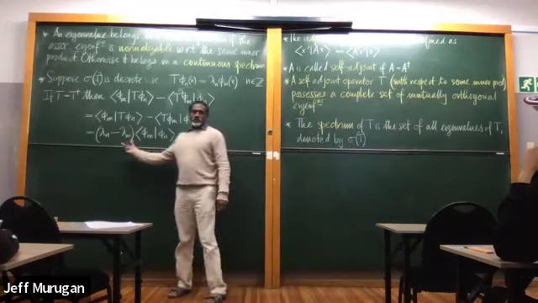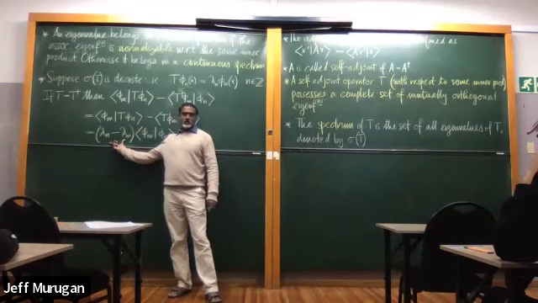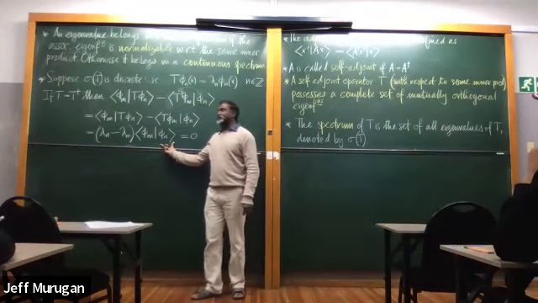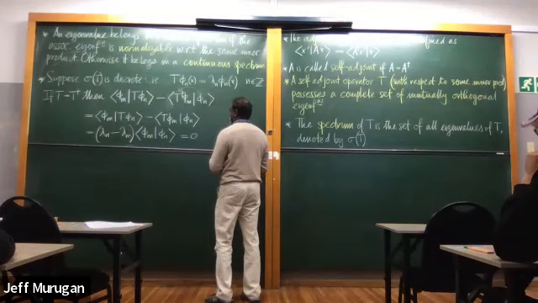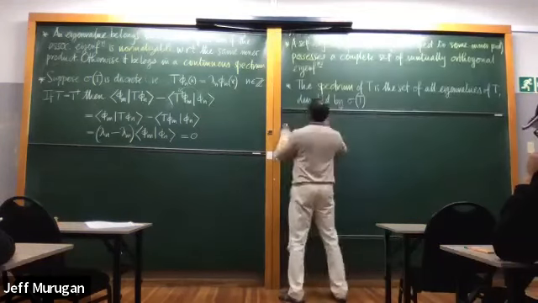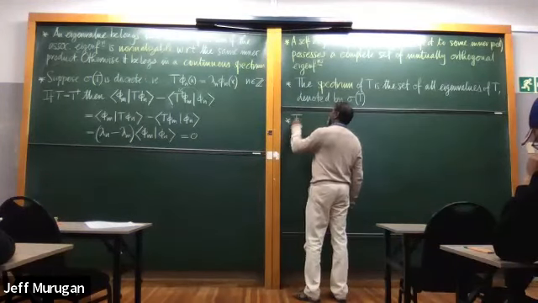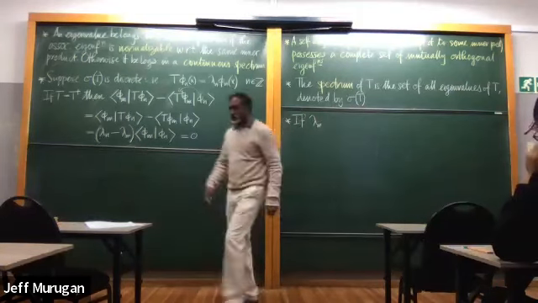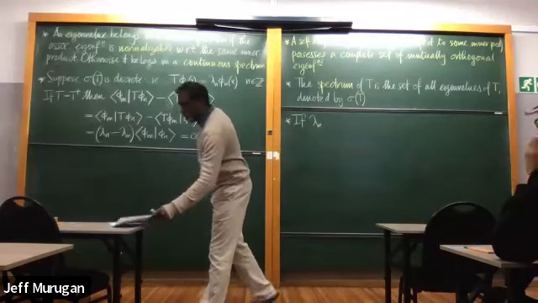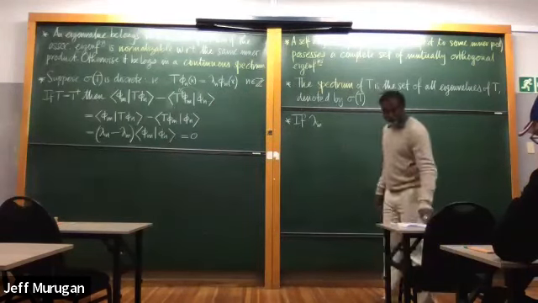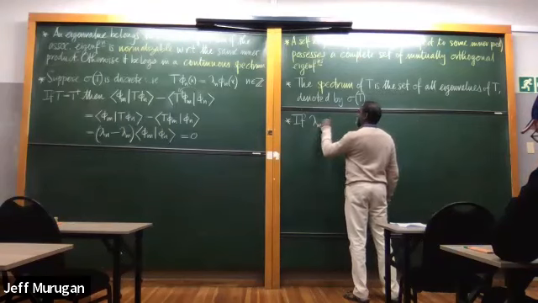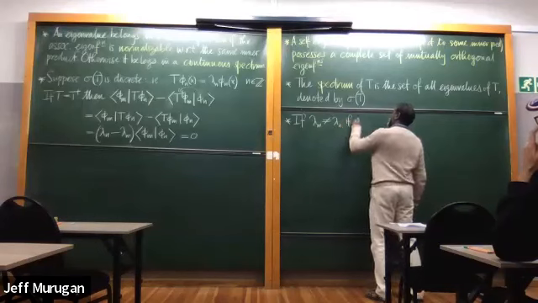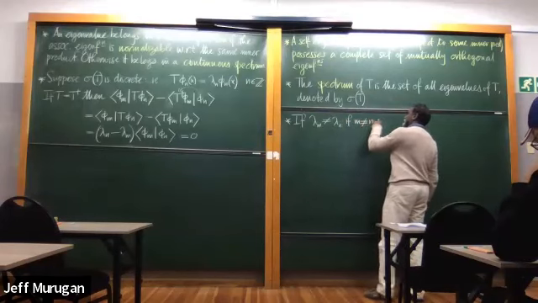There's only two ways this gets equal to 0. Either this combination is 0, or this inner product is 0. So let's make one more additional assumption. And the assumption is that the eigenvalues are non-degenerate. That means that lambda_m cannot equal lambda_n if m is not equal to n.